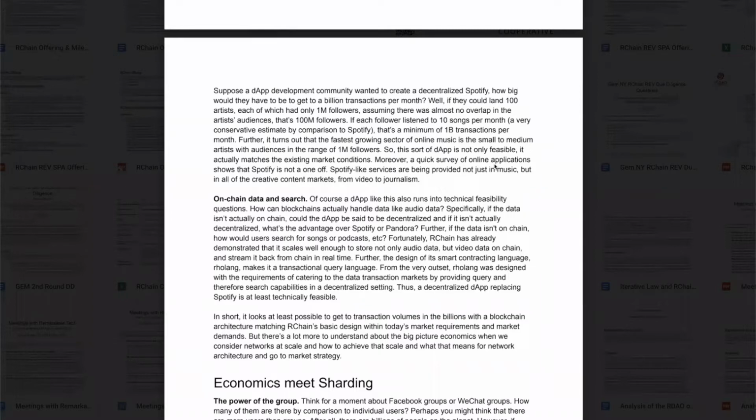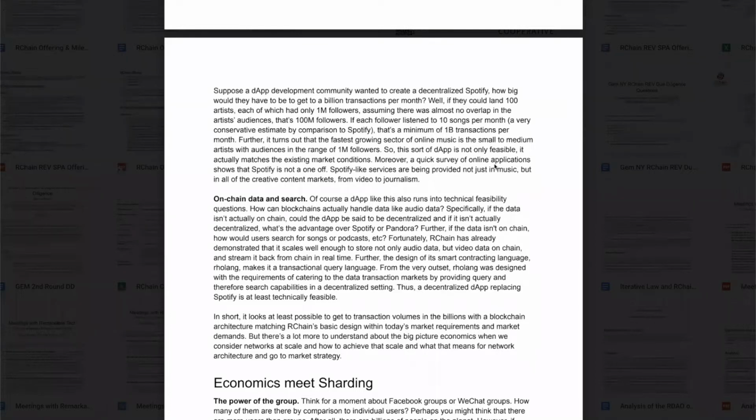So the whole point of Rholang is, from the beginning, from when I conceived of this architecture in the early 2000s, to provide search capabilities in a decentralized setting, in a chain that can actually store the data on chain.